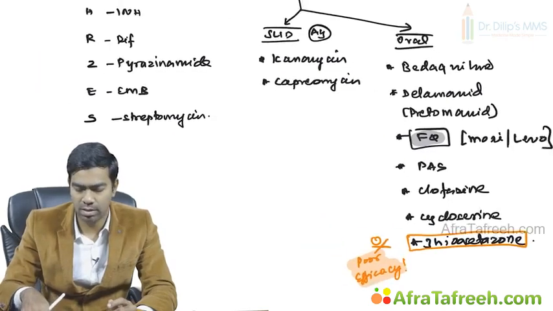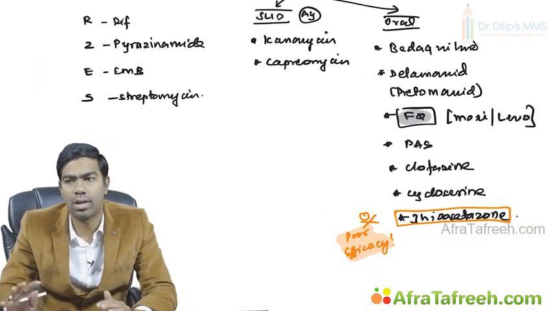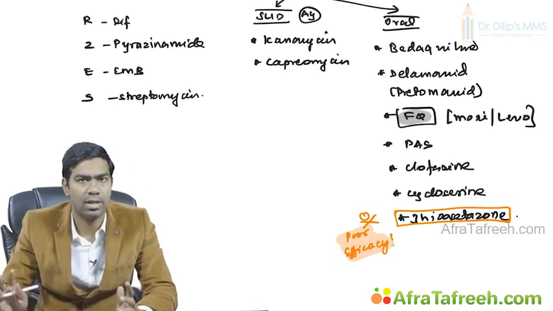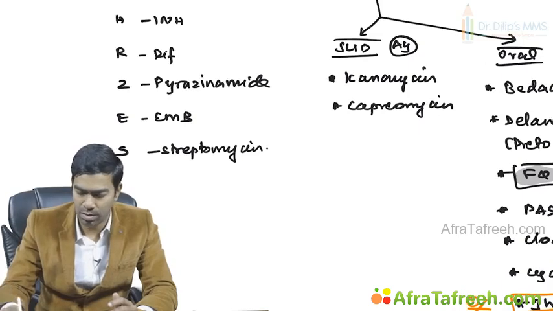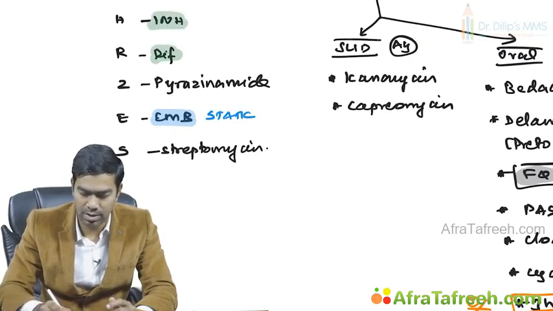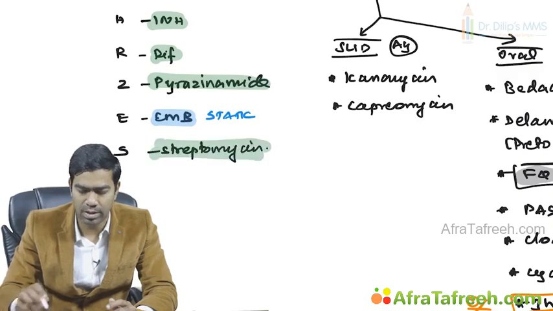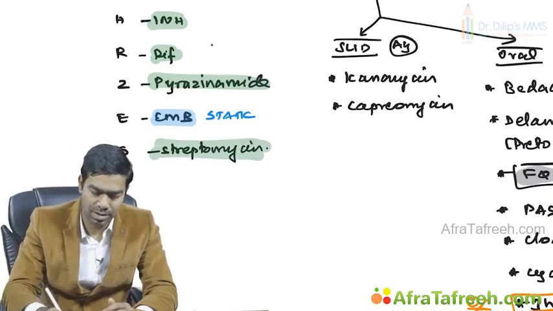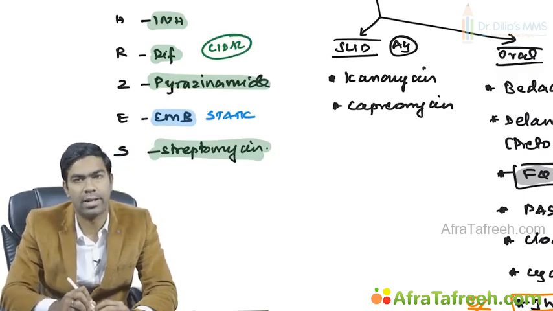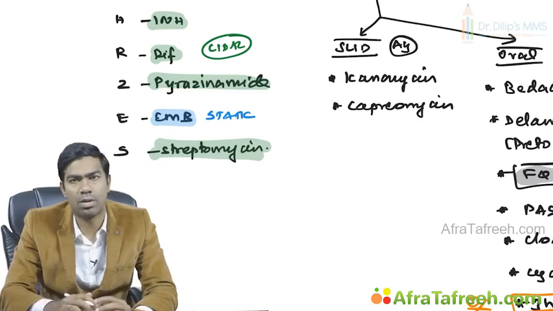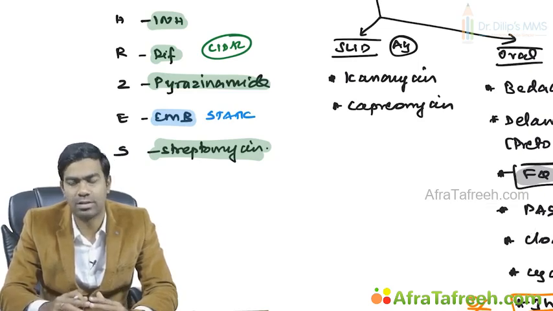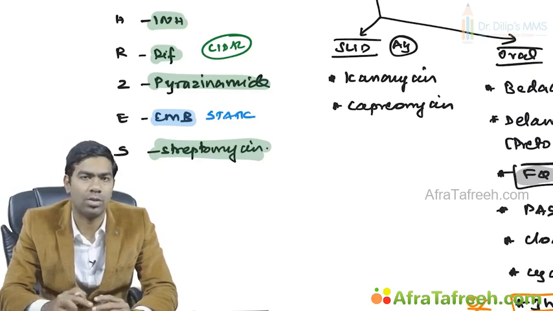Clear? In this, the most important thing is knowing which are the bacteriostatic drugs and which are the bactericidal drugs. You all know among the first line drugs, ethambutol is the only bacteriostatic drug. Remaining all the drugs are cidal agents only: streptomycin, INH, rifampicin, pyrazinamide. And one more important question they will be asking is which of the drugs act on intracellular and extracellular bacteria, or something acts only on the intracellular side or only on the extracellular side.